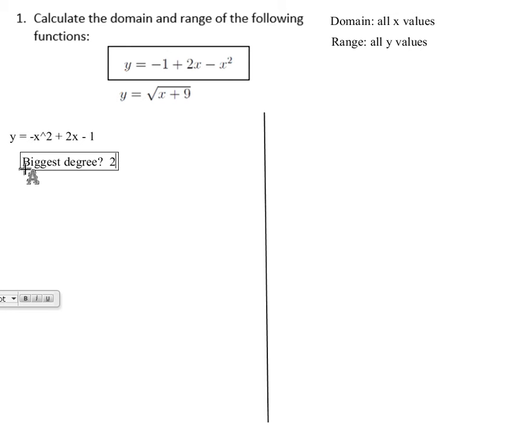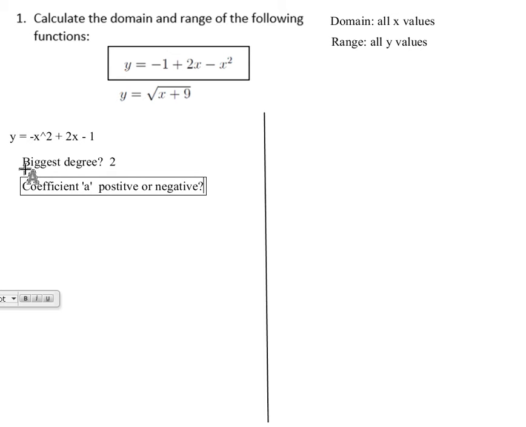All right. Now, is the coefficient A, remember, A is the coefficient of the first term, or the biggest term, positive or negative? Negative.